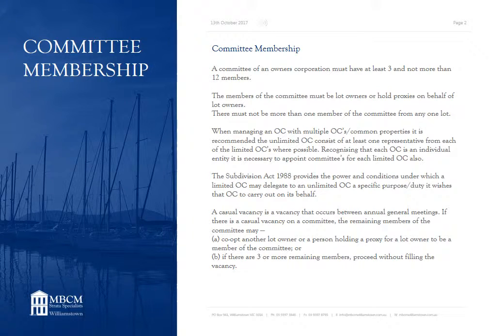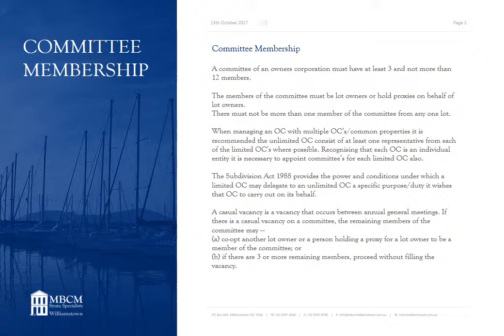So in the example, your property might be a mixed residential and commercial property. One owners corporation may take responsibility for the insurance, for example, and then you've got things that relate to just the commercial and just to the residential. We recommend that 1 member from each of those owners corporations is on the main unlimited owners corporation.